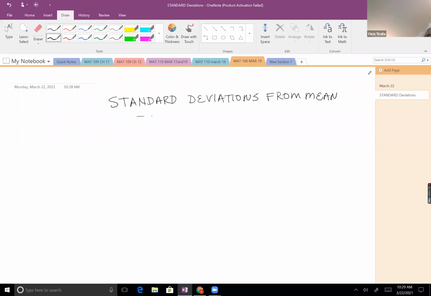if I'm looking above the mean, I add the standard deviations to the mean.